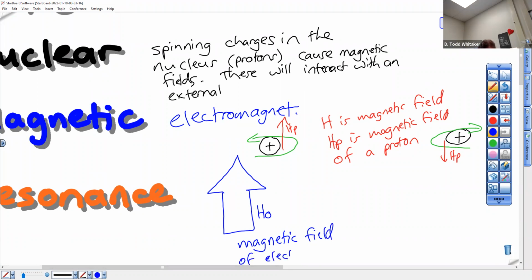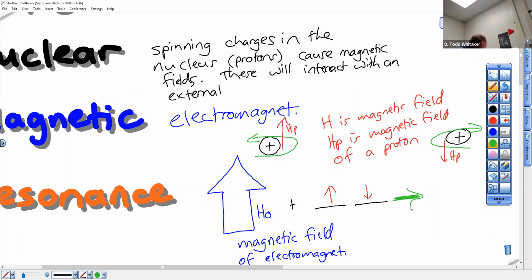So you turn that thing on, and you started with two protons. One was doing this magnetic field, and the other was this. And now they're not going to be the same energy.